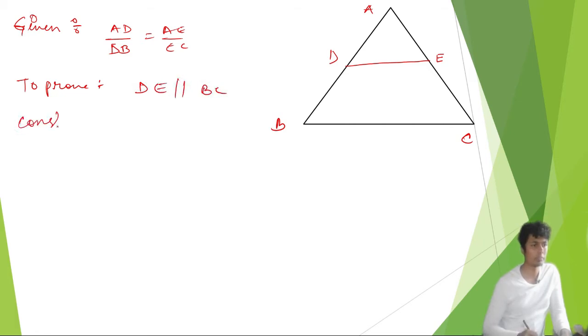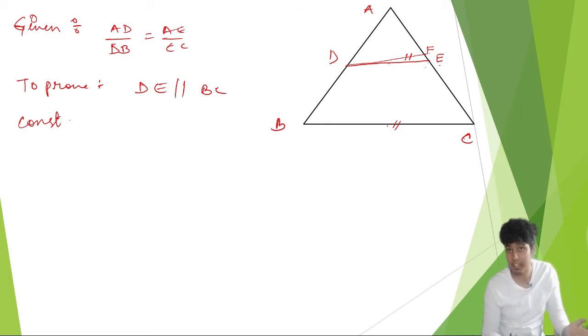Construction, we are going to draw a new line, may it be DF. We are going to draw a line from D such that it is parallel with this one. Let us draw a line. Assume that DF is parallel to BC. If DF is parallel to BC and we need to prove DE parallel to BC, then F and E must be on the same point, otherwise it won't be parallel.